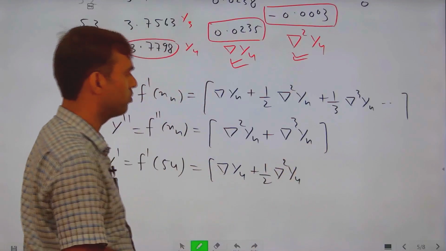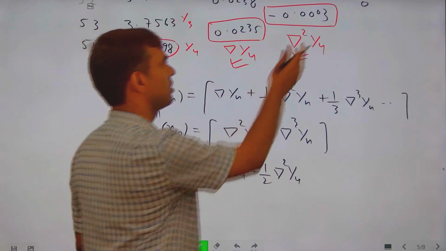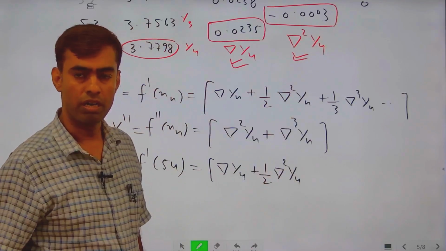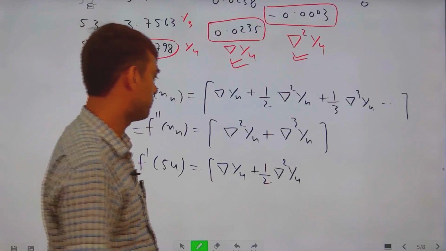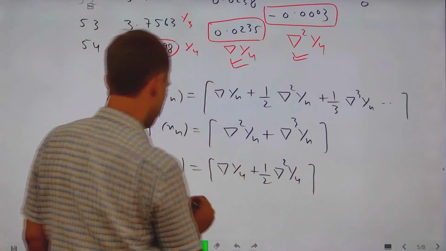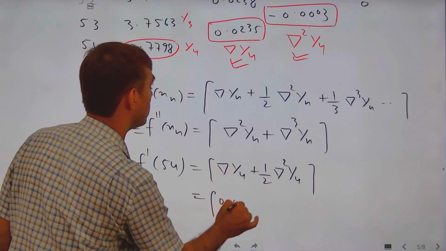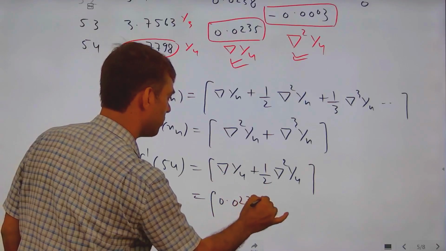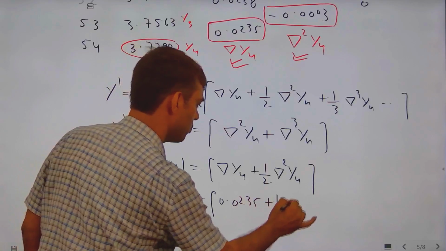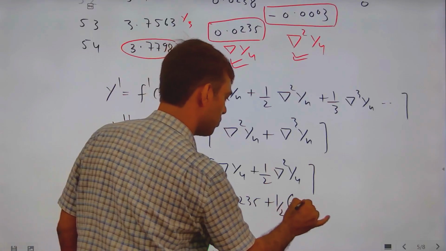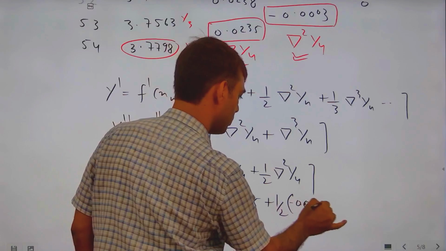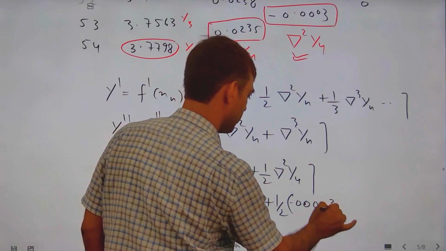There is no need to write all other terms, because all other order differences are 0. The value becomes del y4, 0.0235, plus 1 by 2 times minus 0.0003.